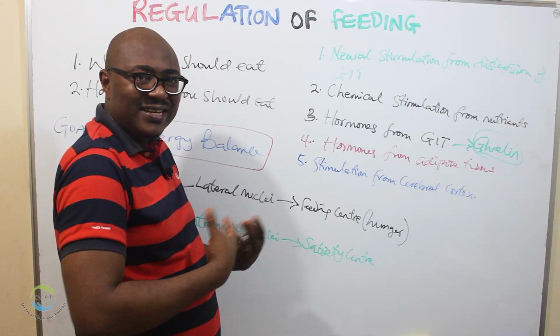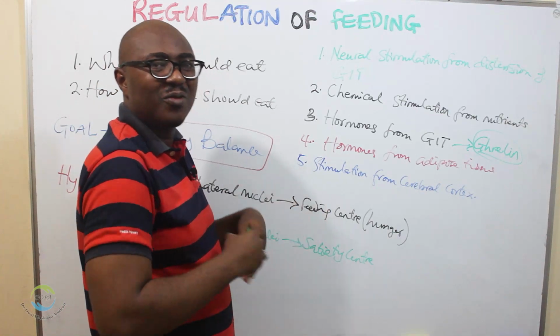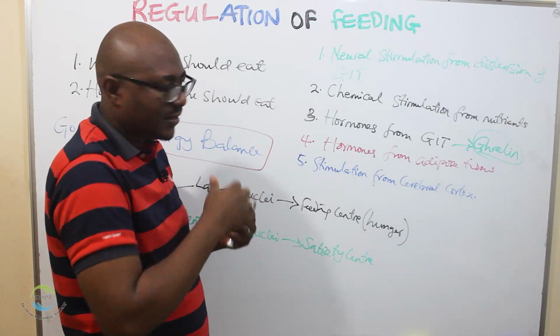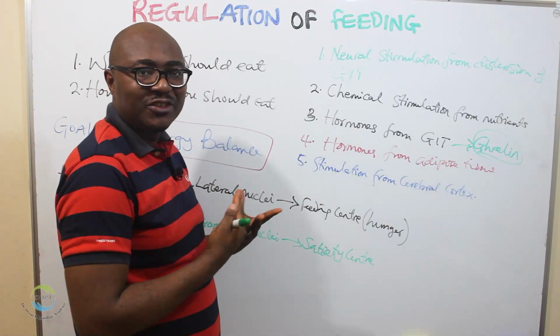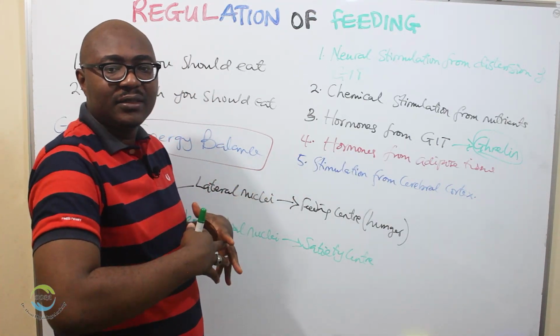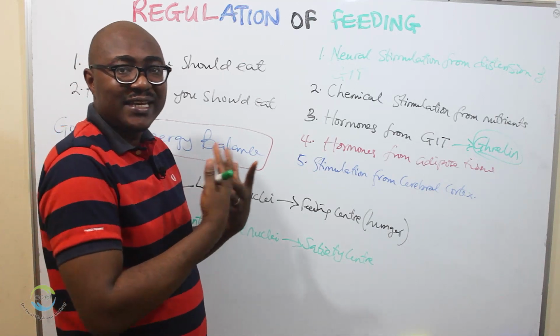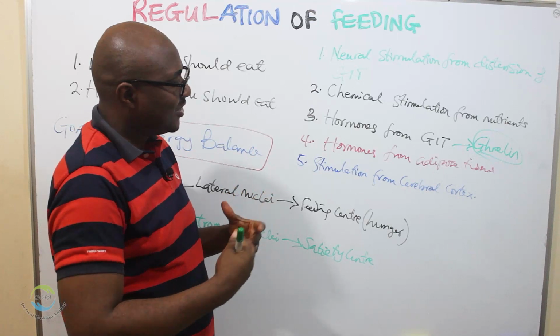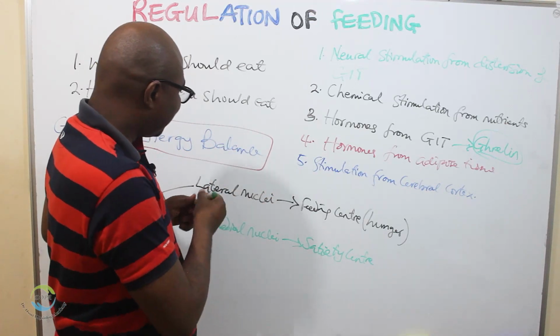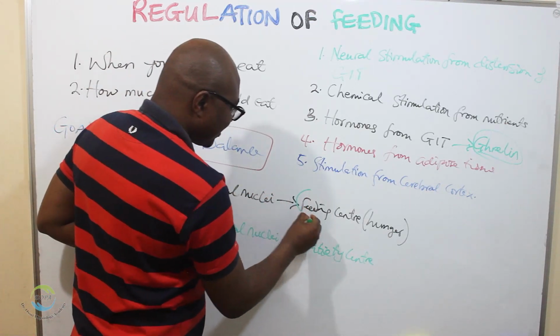First of all, it's released from the oxyntic cells or parietal cells of the stomach. So this ghrelin is a hormone that is released when you need to take in food, in times of hunger. So it's released and it stimulates this aspect.